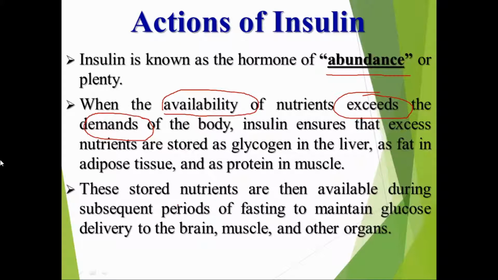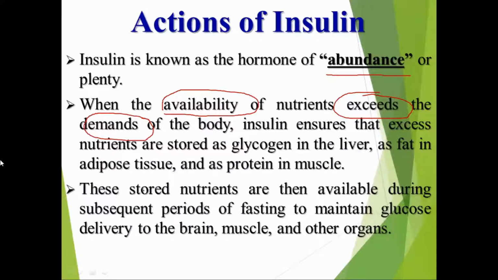These stored nutrients are then available during subsequent periods of fasting to maintain glucose delivery to brain, muscle, and other organs. So, whenever the supply is more than the demand of the body for maintaining normal physiology, then that is stored.